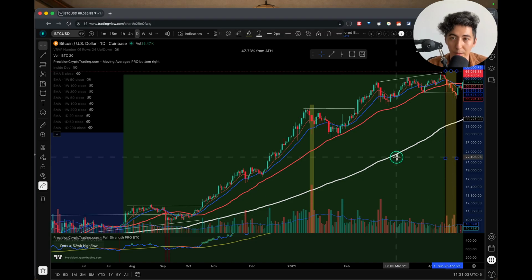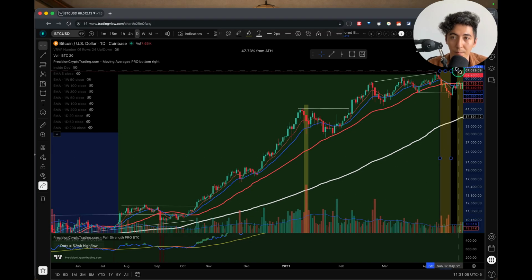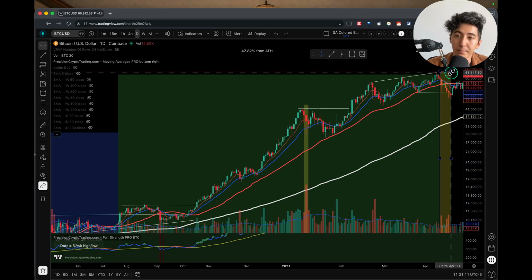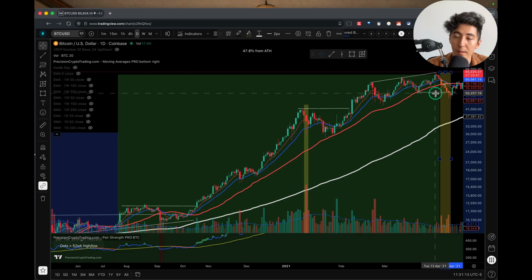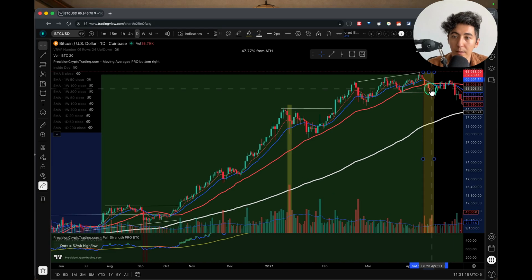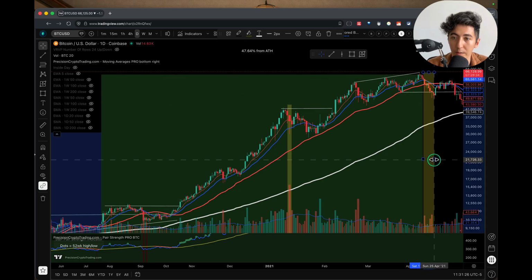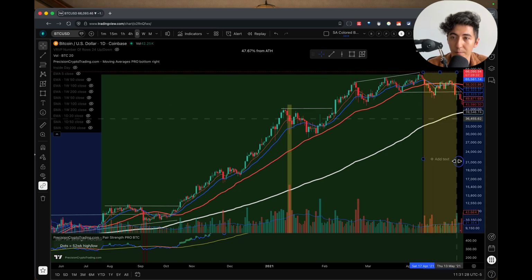I don't like that. I don't like what that looks like. Again, close below the horizontal. The trend is definitely weakening.